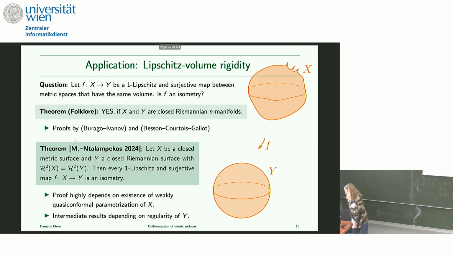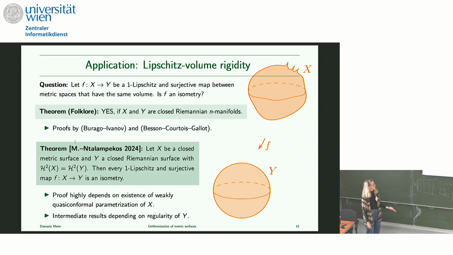And what Bekos and I were able to show is that if you go to dimension 2, you don't need to assume anything on X except it being a metric surface, and you get the same statement.